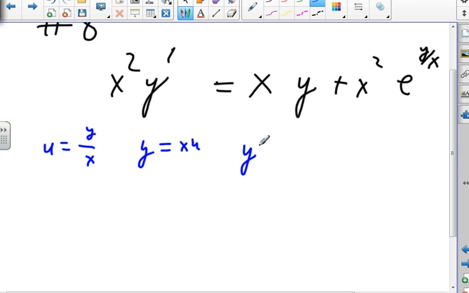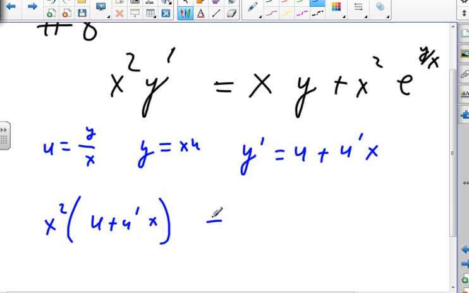and y prime is u plus u prime x. Okay, so I got x squared times u plus u prime x is equal to x squared u plus x squared e to the xu over x.